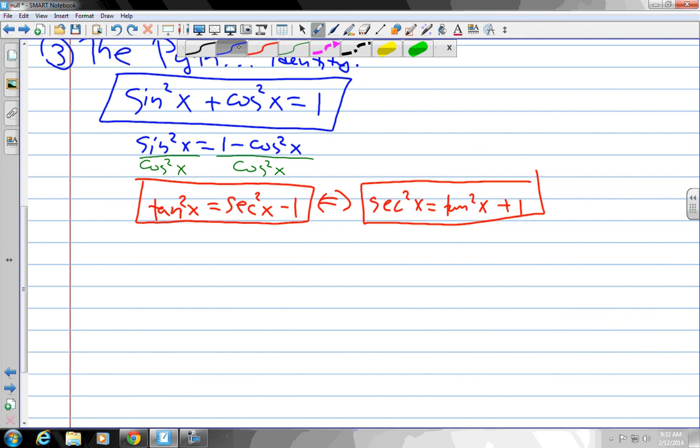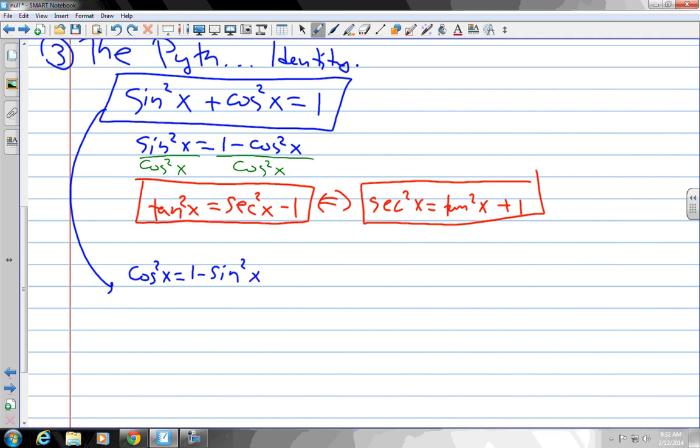So I could have taken the first identity and solved for cosine. I can say that cosine squared x equals 1 minus sine squared x. And then I can go ahead and divide both sides by sine squared.